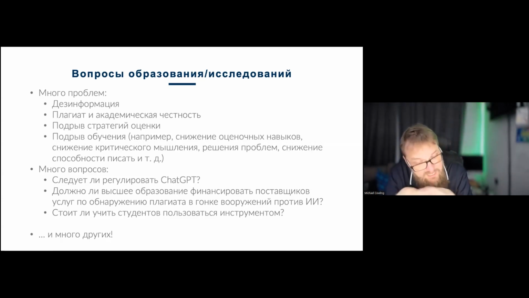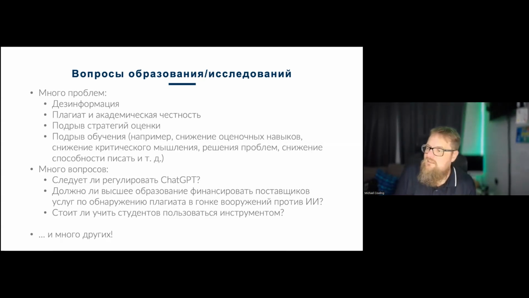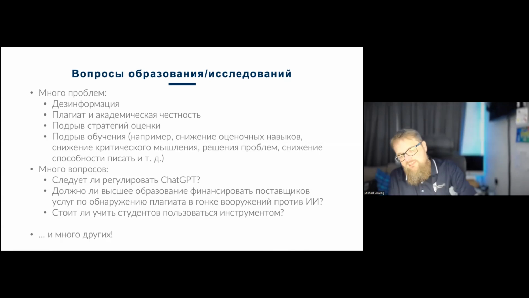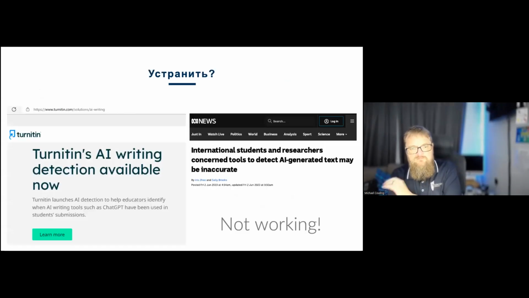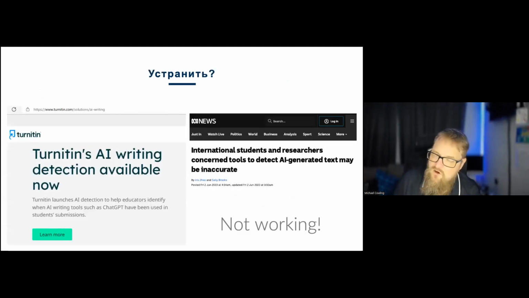And then the last question, the bit that I want to focus on here, is whether or not students should be taught how to use the tool. And the reality is that Turnitin has gotten a kind of mixed reputation so far.